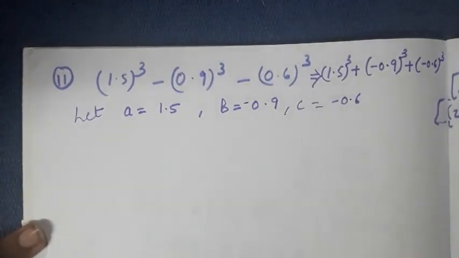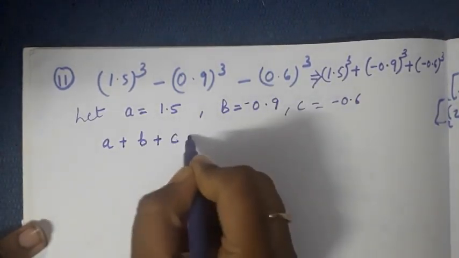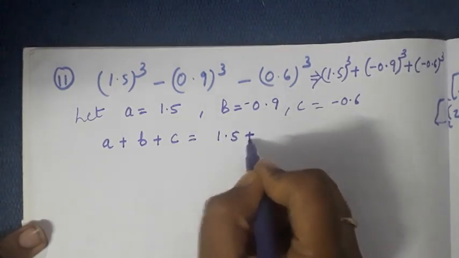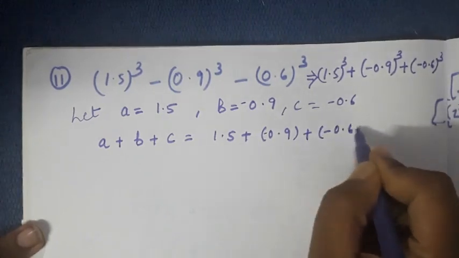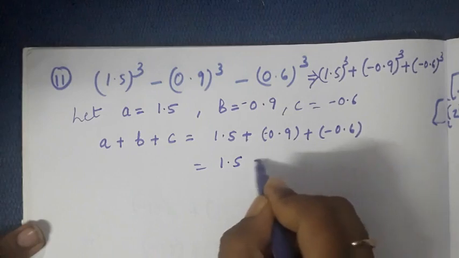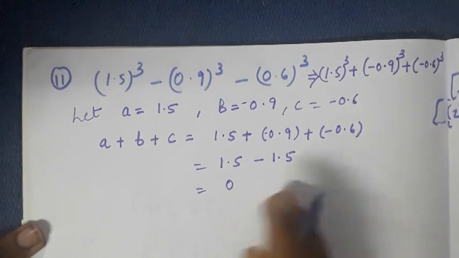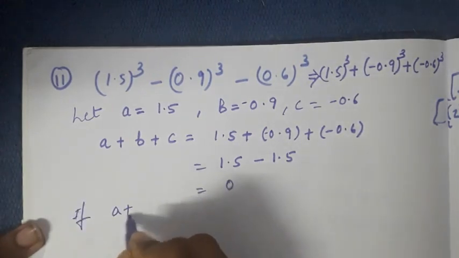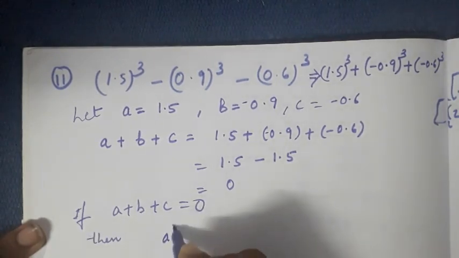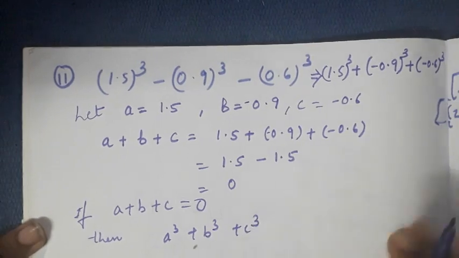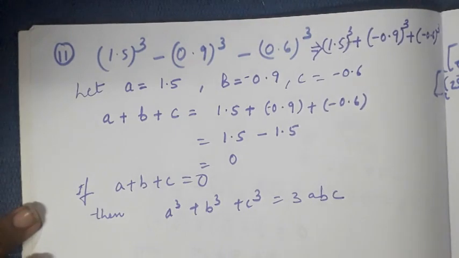Okay, now see the sum. We'll find the sum of the three numbers, that is 1.5 + (-0.9) + (-0.6). I get -1.5 by the addition of the last two numbers, and I got the answer 0. And we know that if A + B + C = 0, then A^3 + B^3 + C^3 = 3ABC, right?